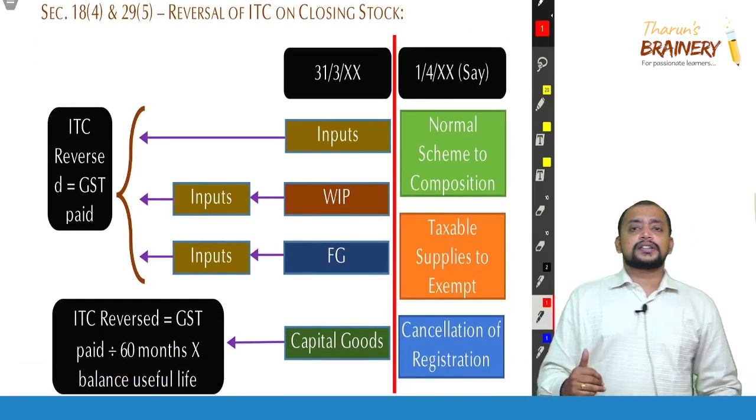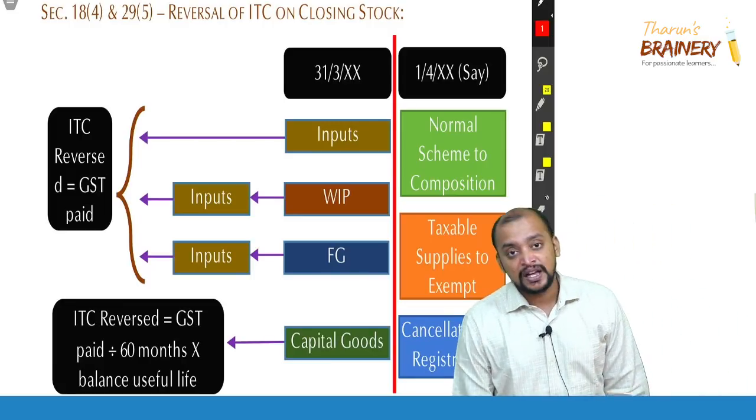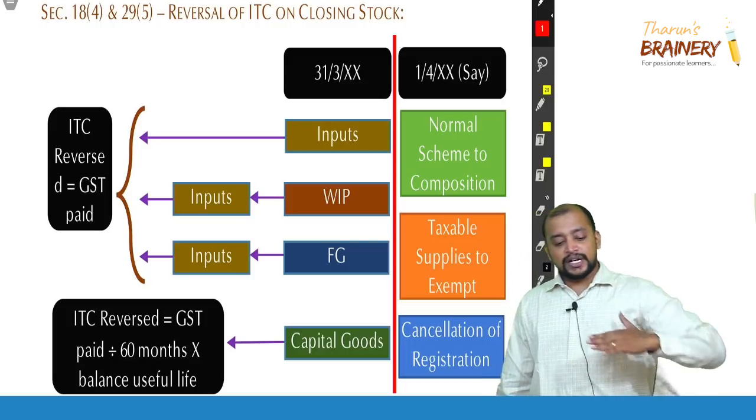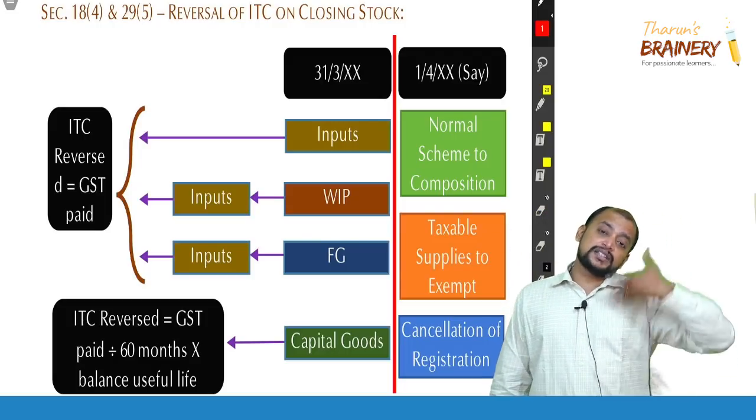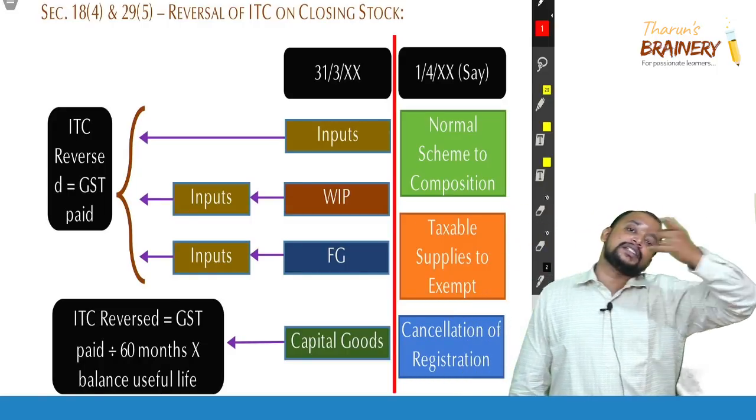These informations are given in 18.3. Now we are discussing section 18 subsection 4 read with section 29 subsection 5. That is, 18.1 is availment of ITC on closing stock, but 18.4 is reversal of ITC on closing stock. There, ITC availment on closing stock; here, ITC reversal on closing stock.